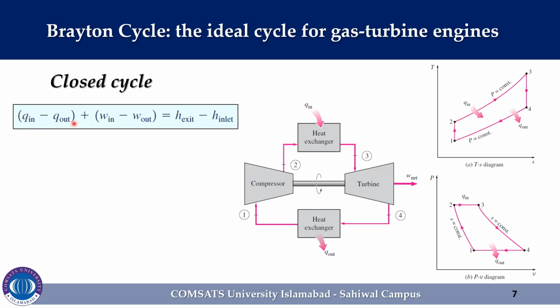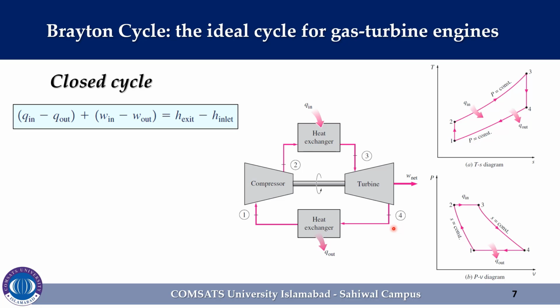In the same way, Q out is the heat rejection to the atmosphere during process 4 to 1. While W in is the amount of work required to run the compressor, that is, the work required during process 1 to 2. W out is the amount of work produced in the turbine during process 3 to 4.